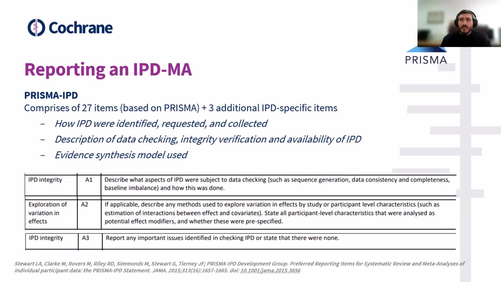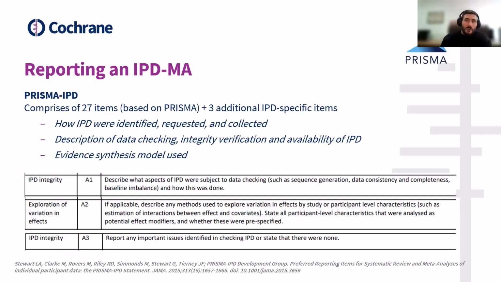Regarding the reporting of IPD, there is a specific reporting checklist for systematic reviews and IPD meta-analysis, which is the PRISMA-IPD statement. It includes the main 27 PRISMA items plus 3 extra ones for IPD.